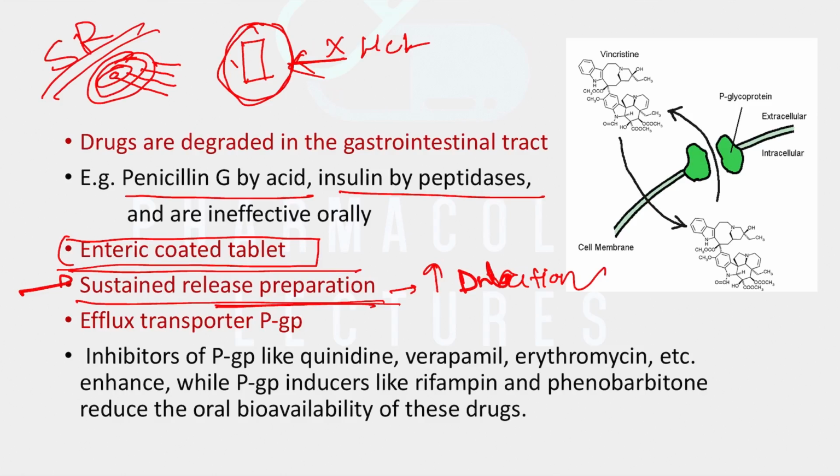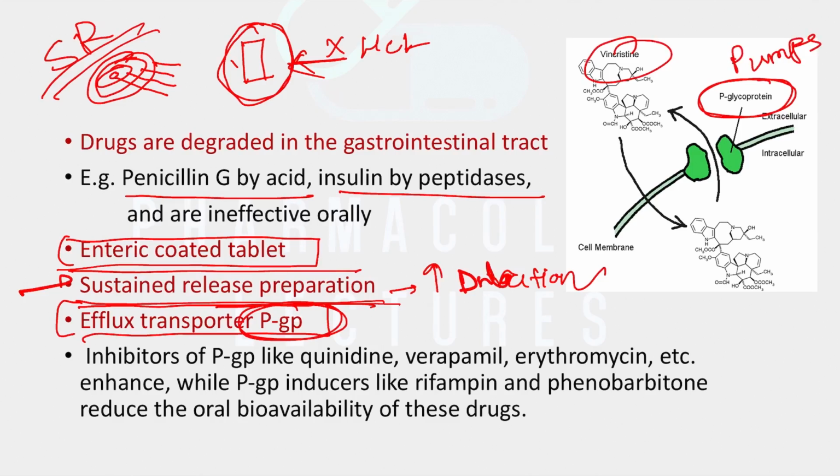One more factor that affects absorption is P-glycoprotein, PGP, as we call it. Now what are these P-glycoproteins? P-glycoproteins are special pumps. What is the role of these pumps? For example, a drug called vincristine gets absorbed into the cell.